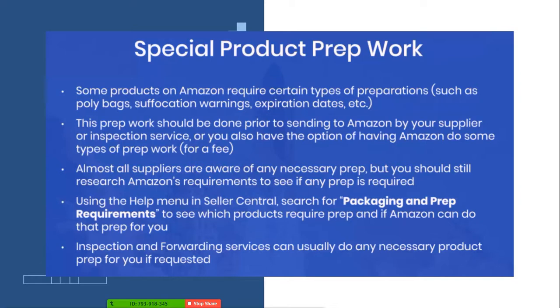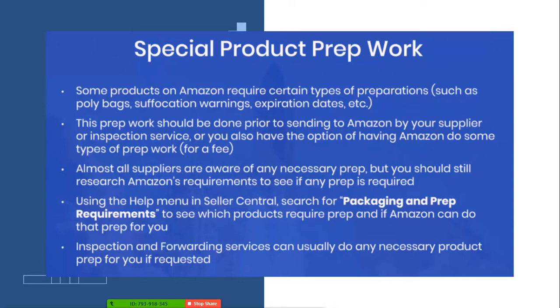Or you also have the option of having Amazon do some type of prep work, but that's going to be at a fee, okay? So almost all suppliers are aware of any necessary preparations, but you should still research Amazon's requirements to see if any prep work is required. To do that, just simply go to Seller Central, help menu, and then look for packaging and prep requirements to see which products require prep and if Amazon can do that prep for you.